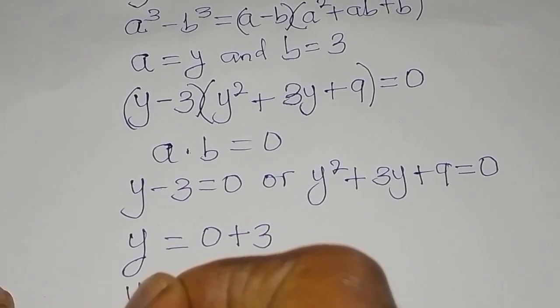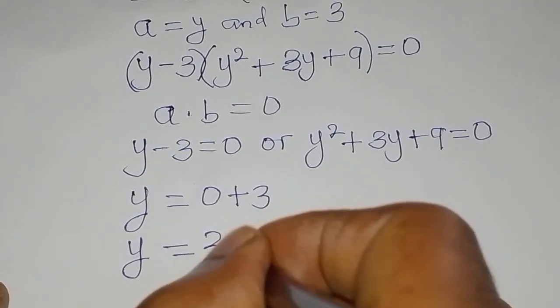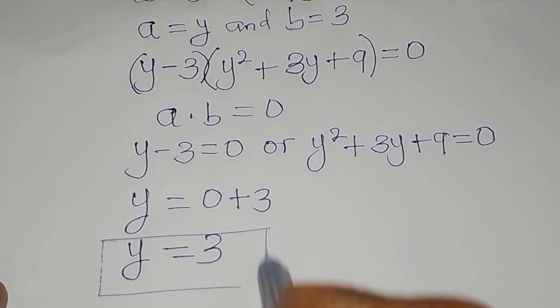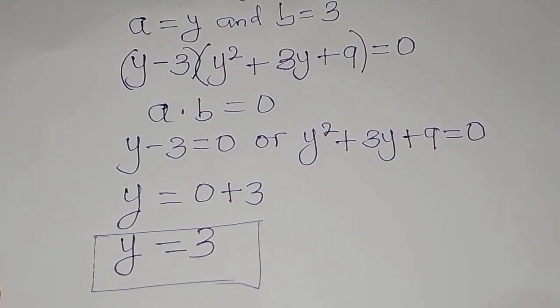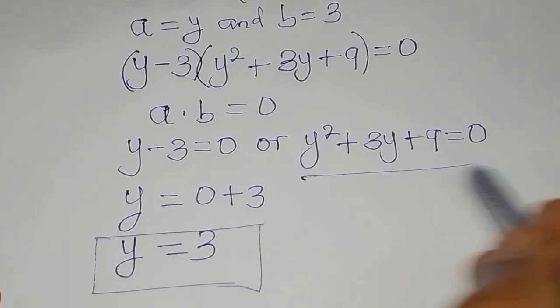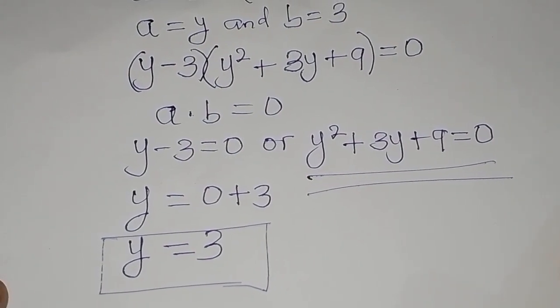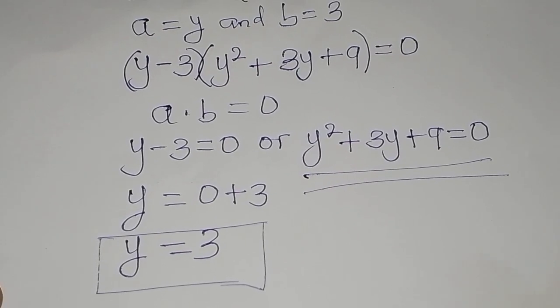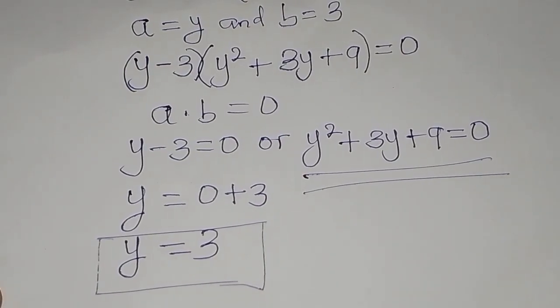And then the value of y from that part is equal to 3. So we have one of the solutions already. Remember, I said we were going to have three solutions. So the next step is to pick this equation here and then solve it. That is already a quadratic equation, and from there, we are expected to have 2 more solutions added to this to give us 3 solutions. So I'm going to pick it.